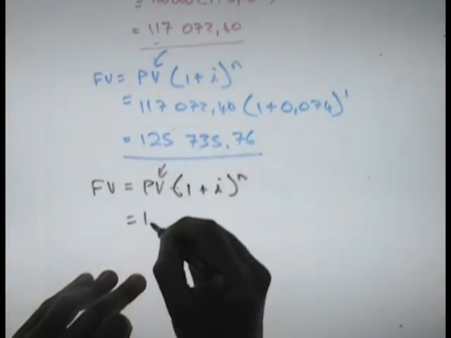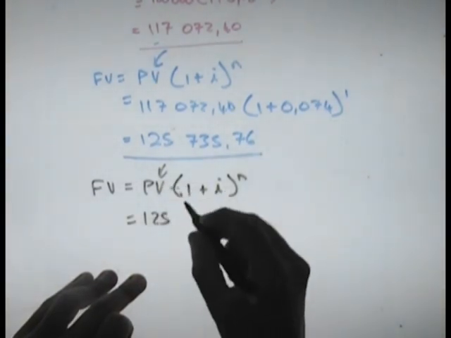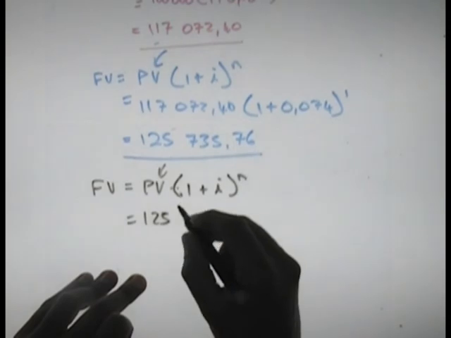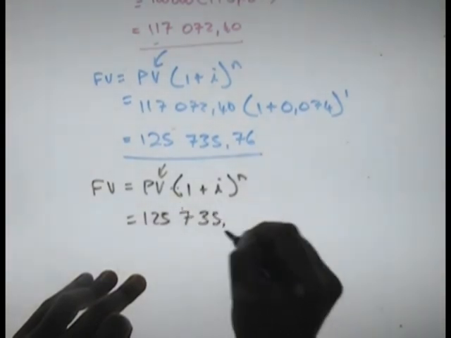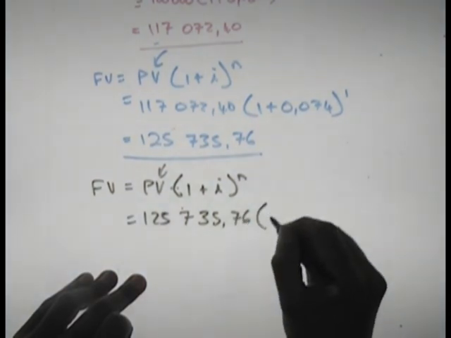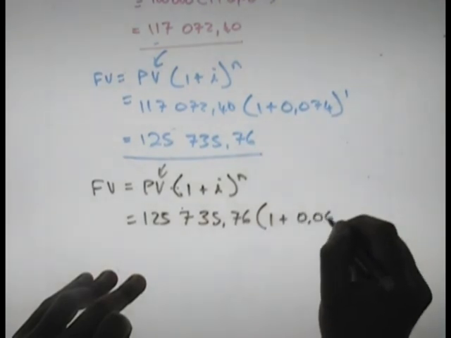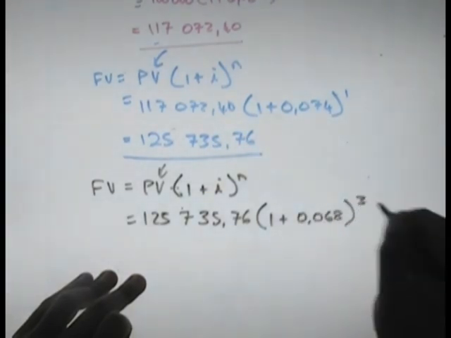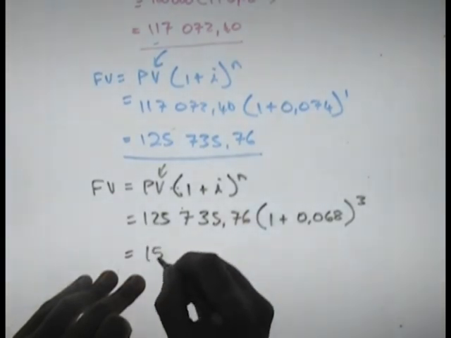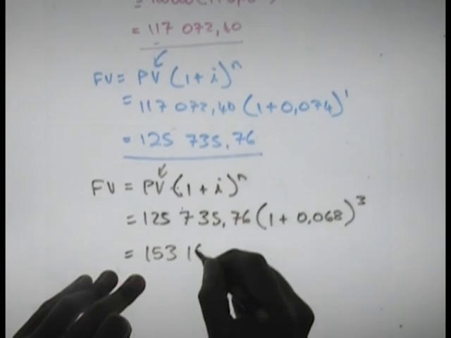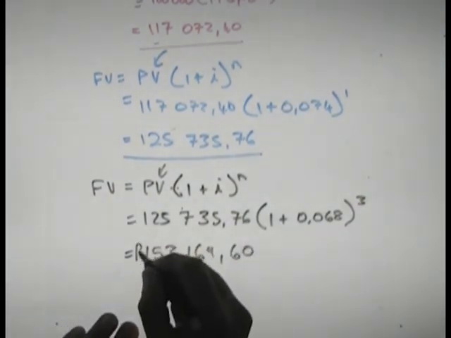Present value again is going to be the end value of our asset at the end of the last period, which is 125,735 Rand 76 cents, multiplied by 1 plus our inflation of 0.068 to the power 3 years, which will give us an answer of 153,169 Rand 60 cents.